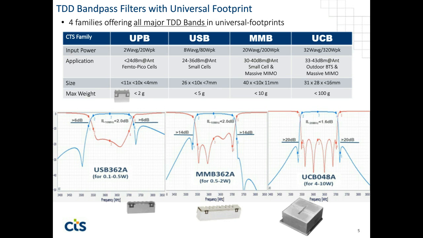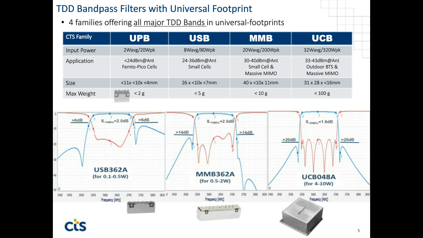Now, it's also important to note that these are not all of the bandpass filter form factors that we have, and there are instances where a customer may need an optimized solution that's as small as it can be for their application. So we do have, they're not part of a universal footprint family, but we do have some in-between sizes.